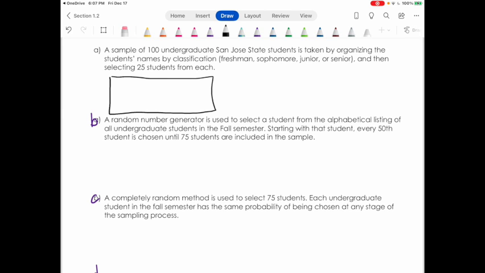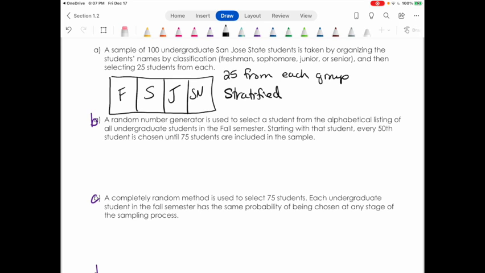So they took the population and they split it up into 4 groups: freshmen, sophomores, juniors, and seniors. Okay, and then they took 25 from each of these groups. This is stratified.